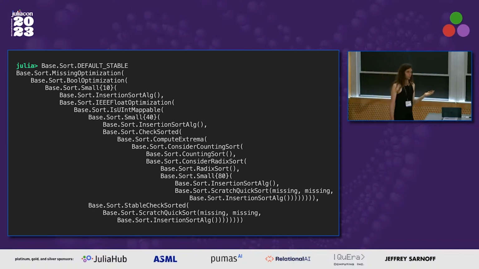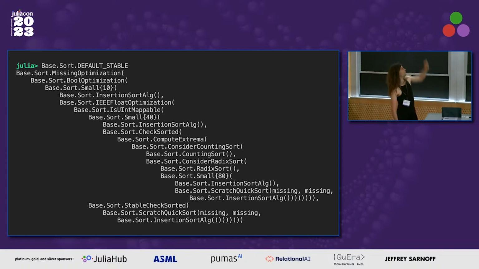And because this is like a homogeneous system, to avoid ambiguity for dispatch, all dispatch for underscore sort bang is determined based on the algorithm. And so that means there's going to be no ambiguity. It would be possible to do it a different way, but this works and has zero overhead, so that's why we do it that way.